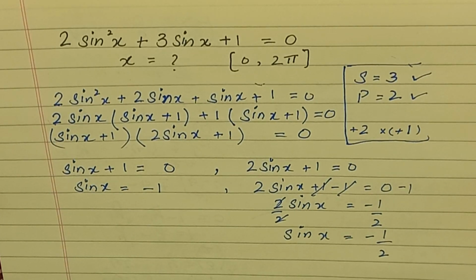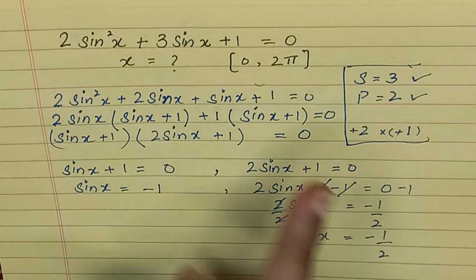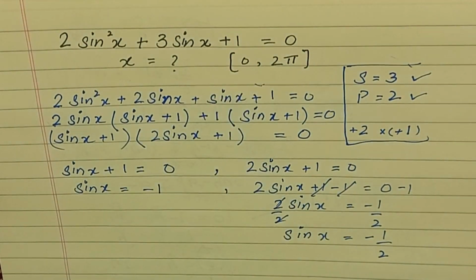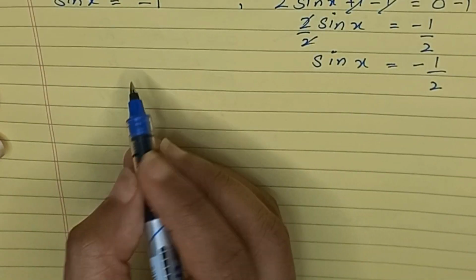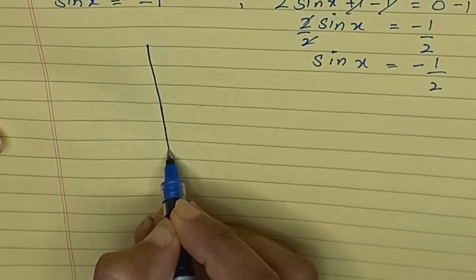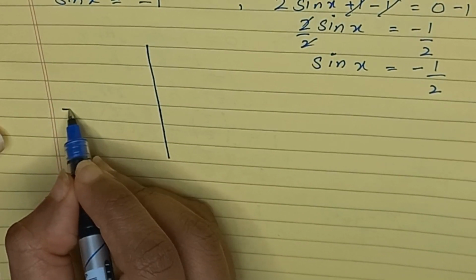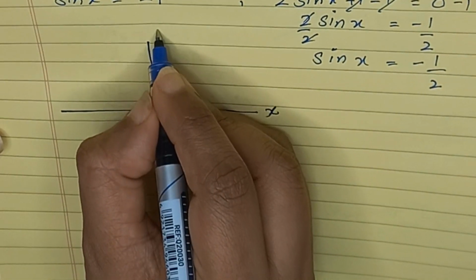Now we have to find the values of x in radian. So we will make a graph and find the values of x. It is the x plane and it is the y plane.